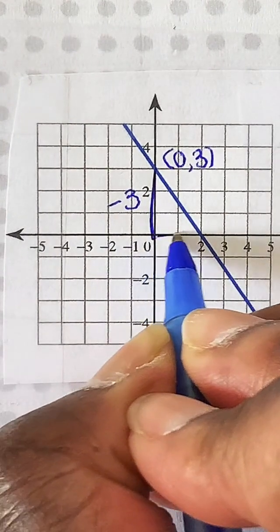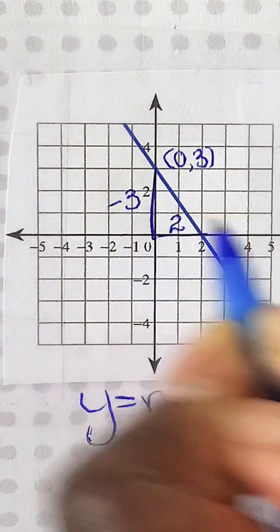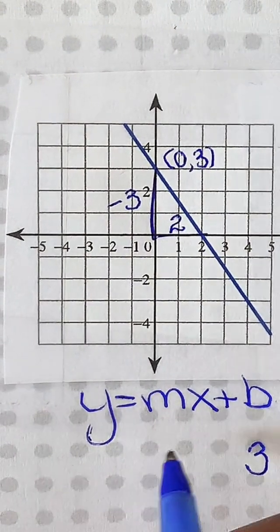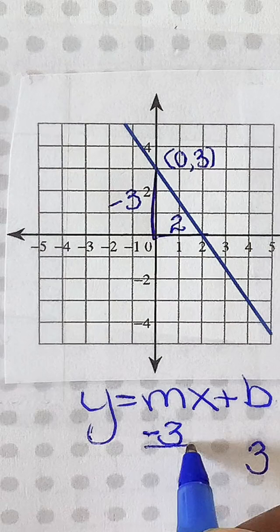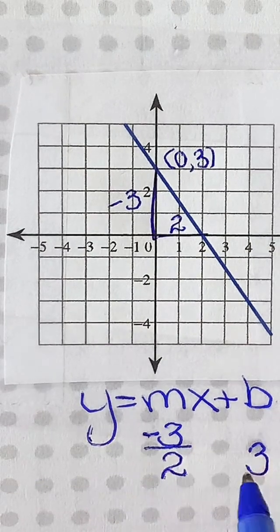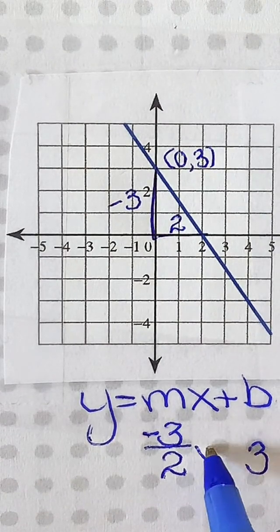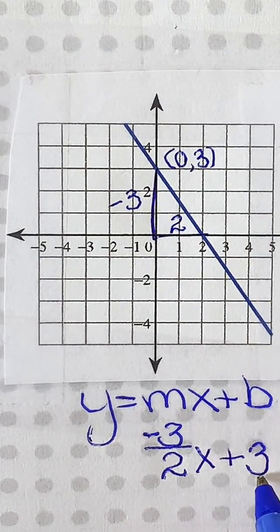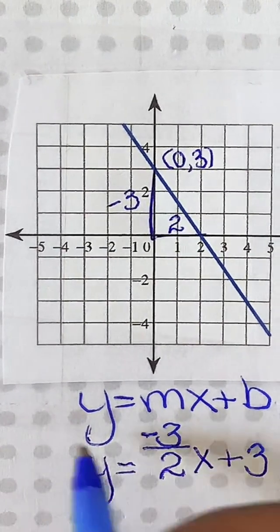And then over to the right, 2, which would be a positive 2. So my slope is negative 3 over 2. Then I just bring down my x. Since it was a positive 3, it's a plus 3. And I have my y equals.